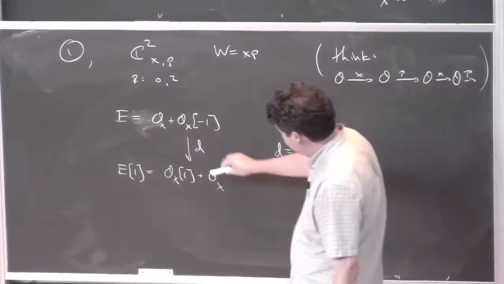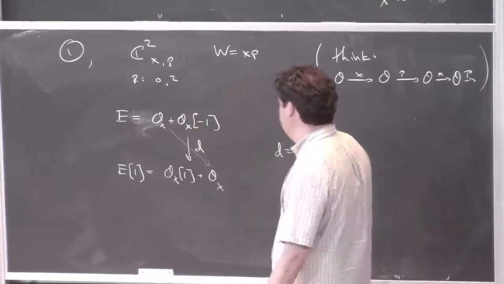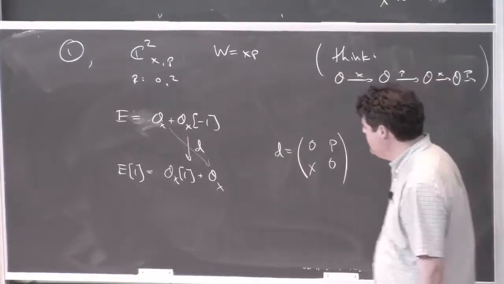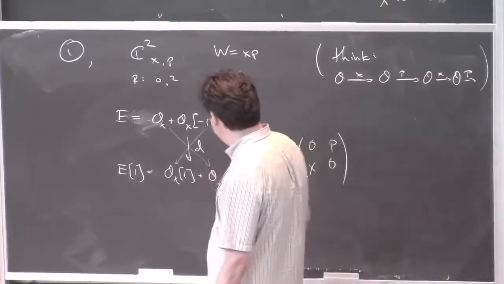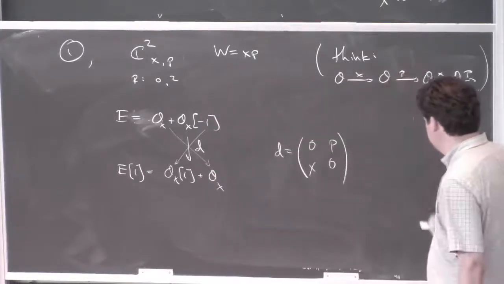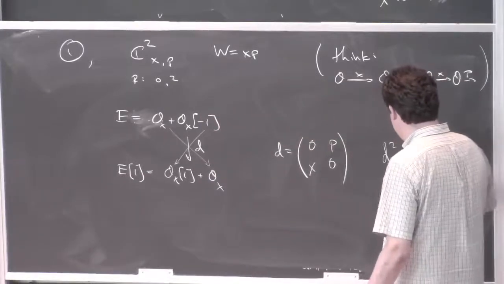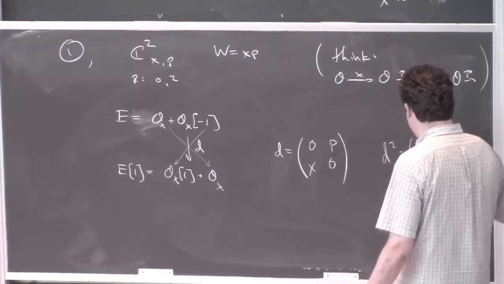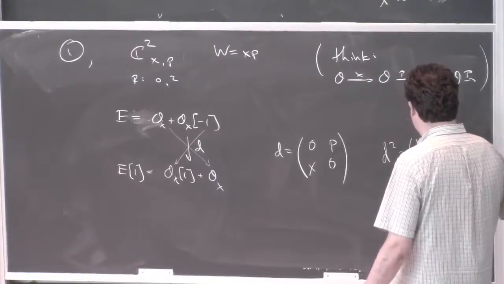Right, x goes from there to there. That's fine. And p goes from there to there. And so D squared is xp. xp is W times 1.